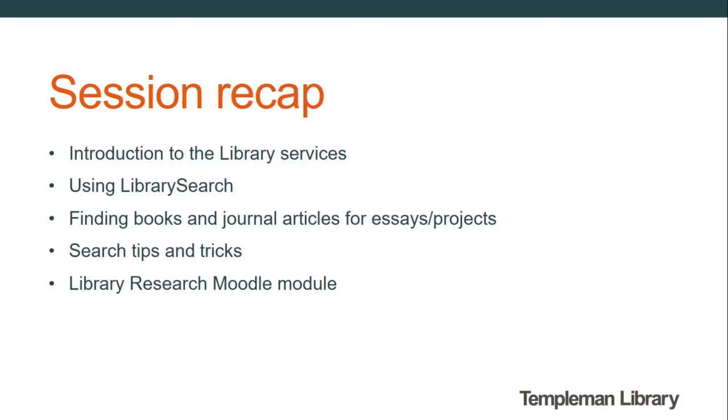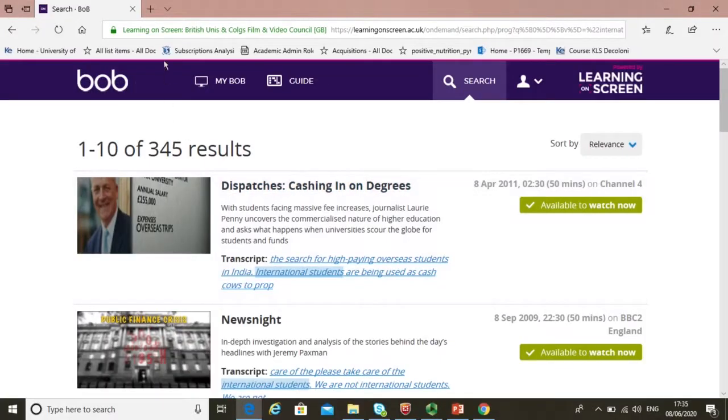So at this stage I would just like to point you in the direction of the Library Research Moodle module, and just point out a couple more things on there that will be relevant for you to make use of. So I'm just going to quickly escape out of this and go back to the home page.